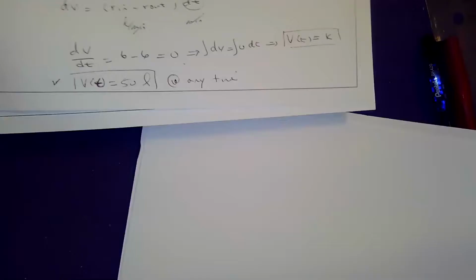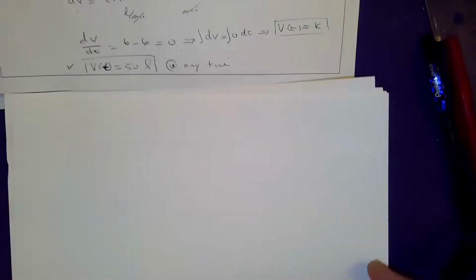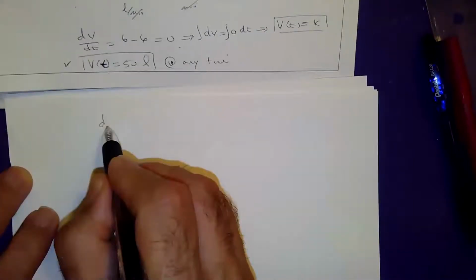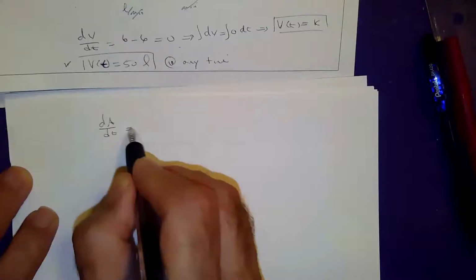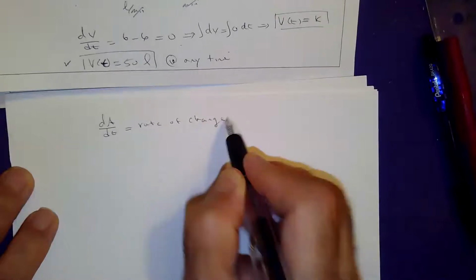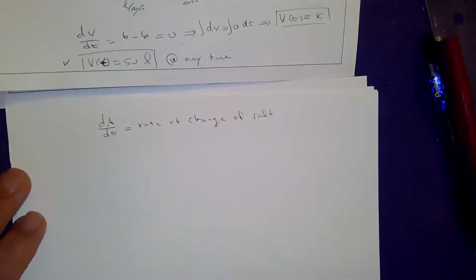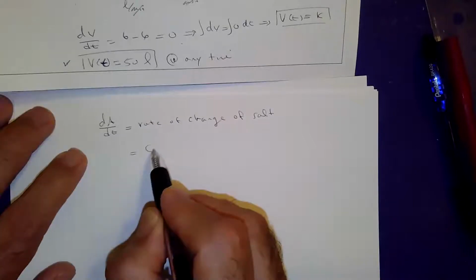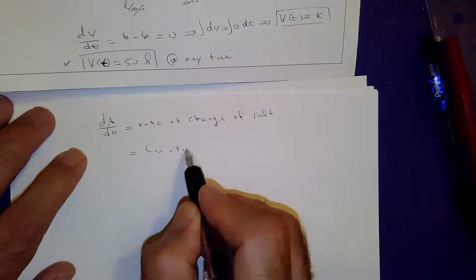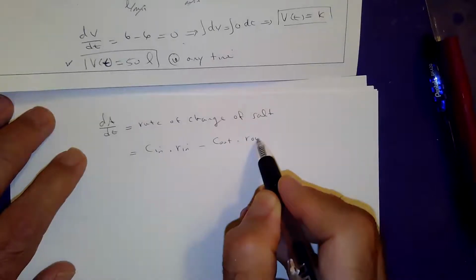So now we have to move on and see how exactly the rate of change of salt is equal to. Remember, this is the rate of change of salt, not brine. Well, turns out this is C in times R in minus C out times R out.